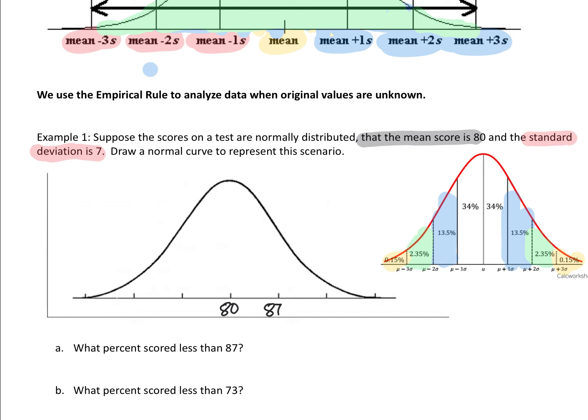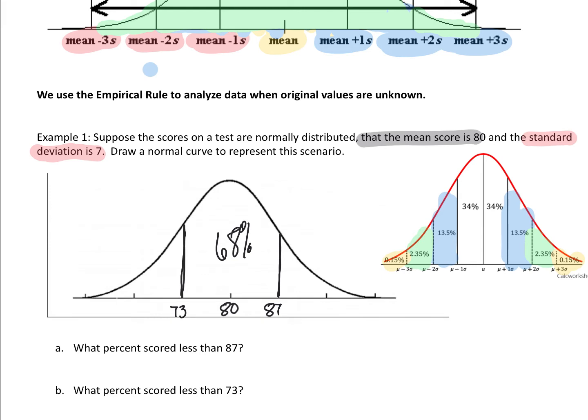And then 7 below the mean would be 80 minus 7, would take us down to 73. So what our normal distribution tells us is that between the scores 73 and 87, 68% of our scores should fall in that range.